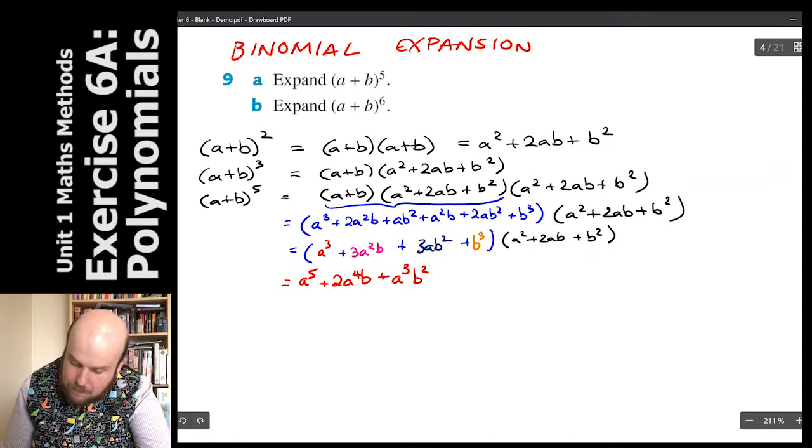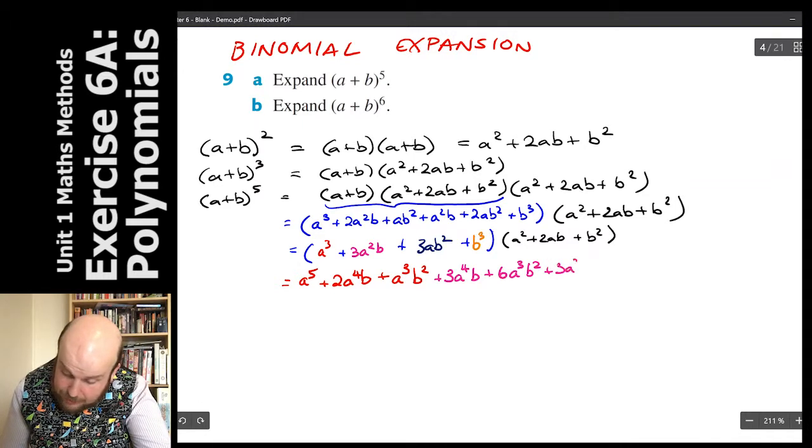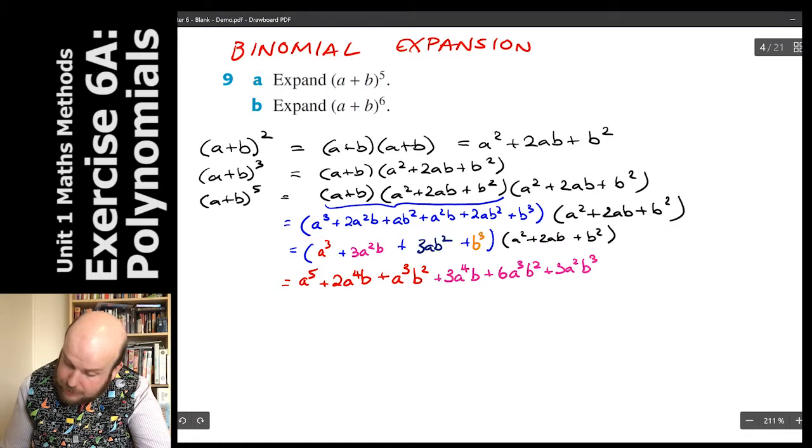And now I'm going to multiply this term with all of the others. So this is going to be 3a to the power of 4 b plus 6a cubed b squared plus 3a squared b cubed.